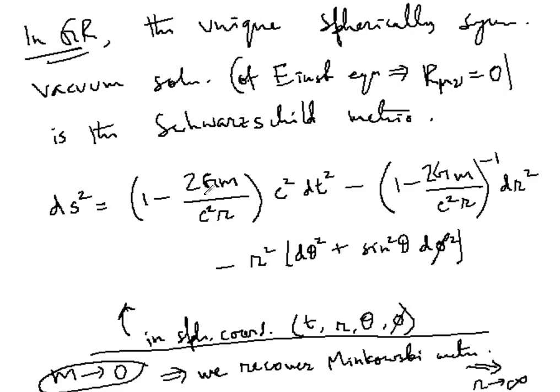You can check this yourself by putting it in here. This term goes to 0 for r tending to infinity. So even in this case, when r tends to infinity, the metric becomes progressively Minkowskian, right? And this property is known as asymptotic flatness.